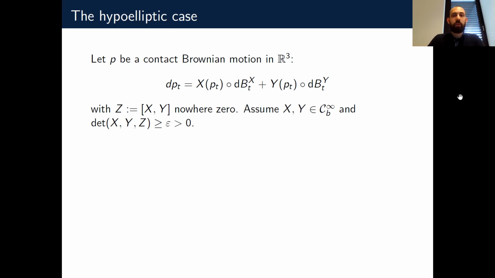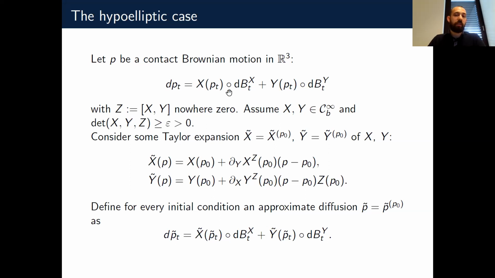And now I'm looking for an approximation for my diffusion, because this cannot be solved explicitly, obviously. We don't know anything about X and Y, so there's no way we can do anything about it. So what I want to do is consider some Taylor expansion of my diffusion.